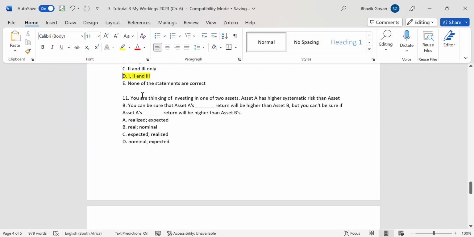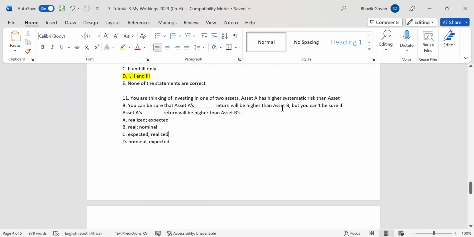You are thinking of investing in one of two assets. Asset A has a higher systematic risk than asset B. You can be sure that asset A's expected return will be higher than asset B, but you can't be sure if asset A's realized return will be higher than asset B. So the answer to this is C, and it actually makes sense if you read it.